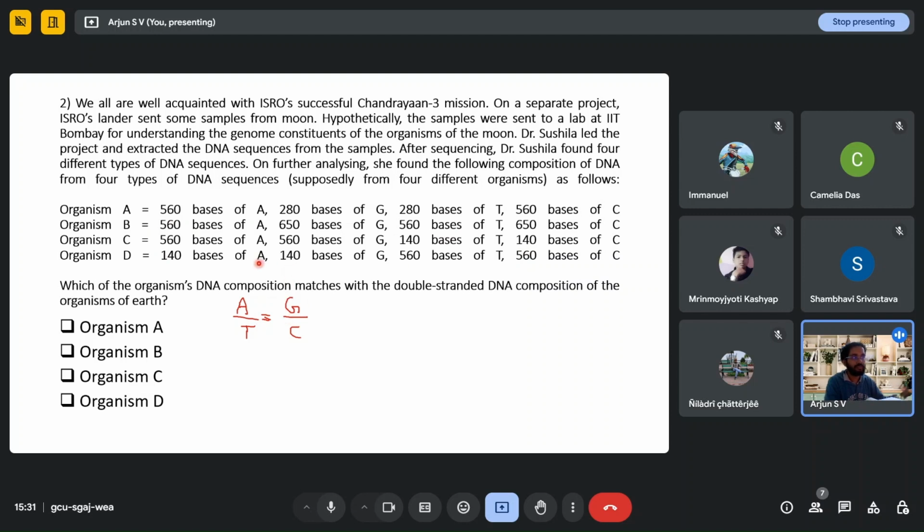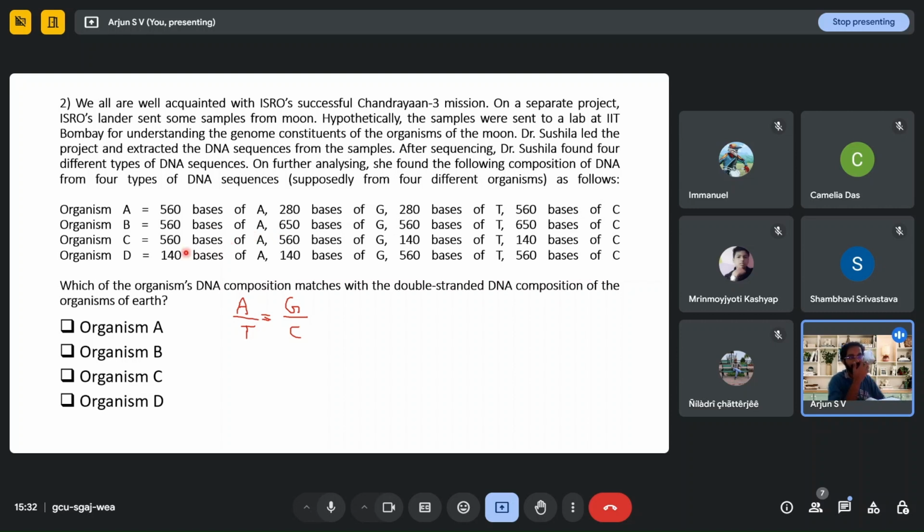But one more important thing that you need to consider in Chargaff's rule is that the number of A should be equal to the number of T, and the number of G needs to be equal to the number of C. Yeah, Shambhavi said organism B. So there are two components: A by T is equal to G by C, and A is equal to T and G is equal to C. That also needs to be counted.